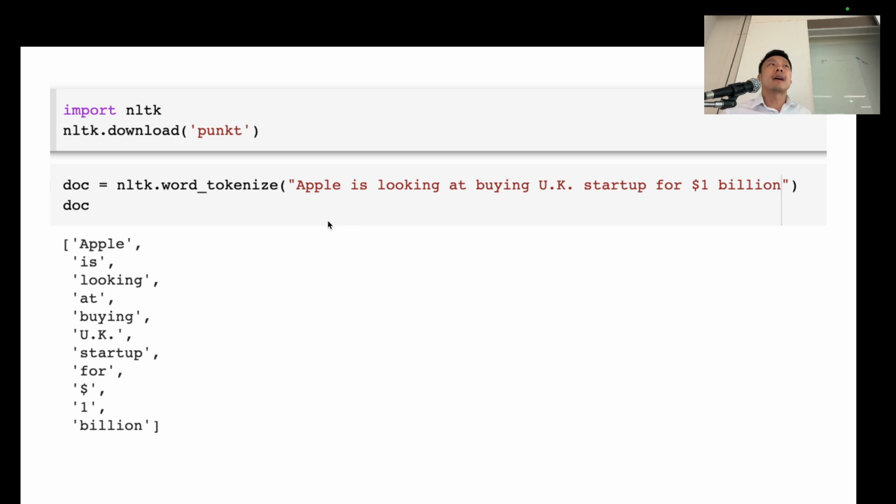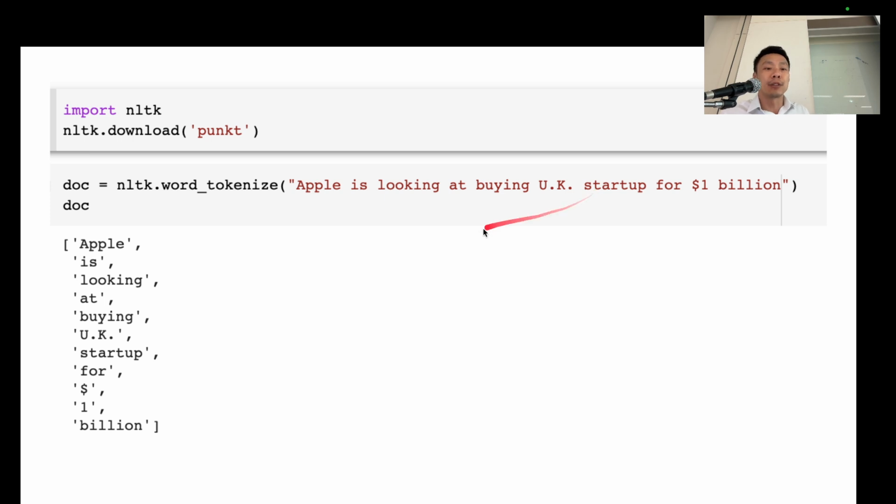Oh, for English, I just give you the code once again. NLTK download. You have to run the download, so it downloads the tokenizer, and you don't have to do anything. Just call word tokenize, and it will do it beautifully. Just so that you see the difficulty of it, U.K. is part of the word as well, right?